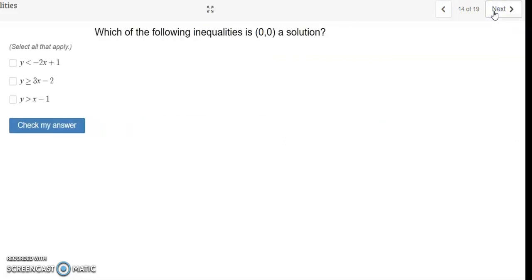Alright, let's go ahead and look at, it says, which of the following inequalities is 0, 0 a solution? So what we have to do is we have to write in 0, 0 into these equations and see which one is true. So I have 0 is less than negative 2 times 0, which is going to be 0, plus 1.